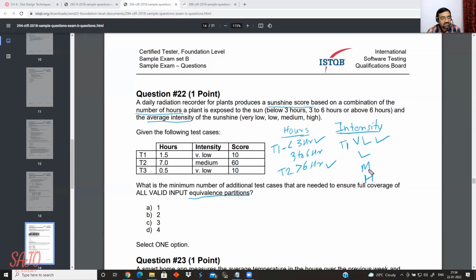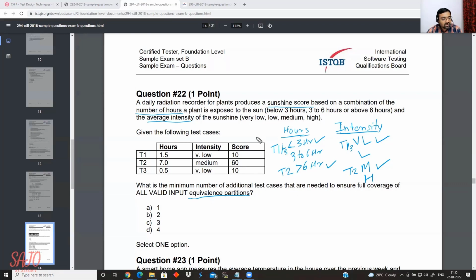Test case two is also covering medium intensity. Test case three has 3.5 hours, which is again less than 3 hours, already covered, and it is also covering very low. So test cases one and three cover the same partitions. It is not adding any value to the coverage.